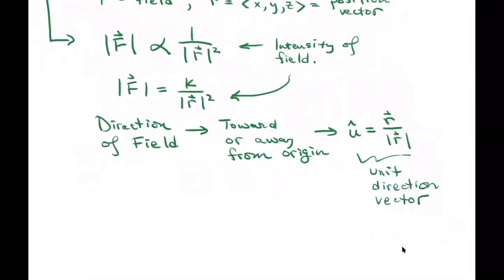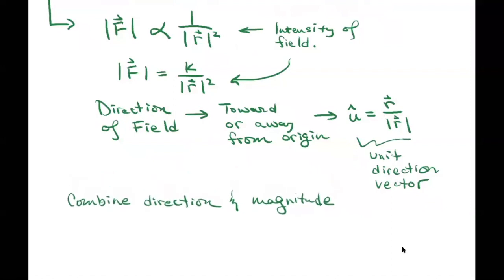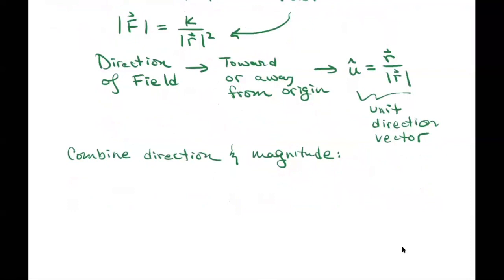So if we combine direction and magnitude, then the field is equal to its magnitude times the unit vector. So the strength and the direction are brought together with that statement.